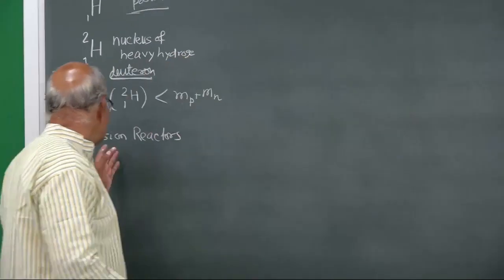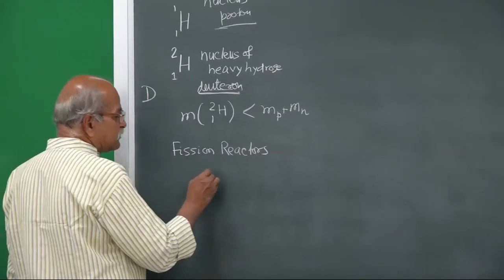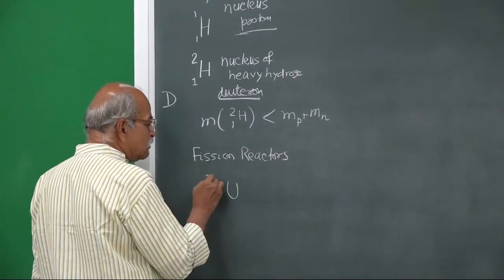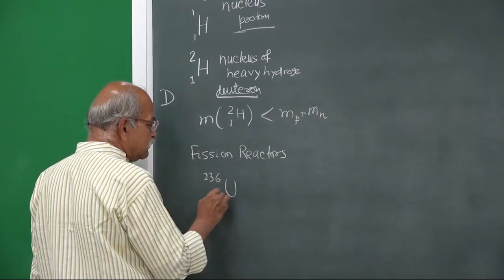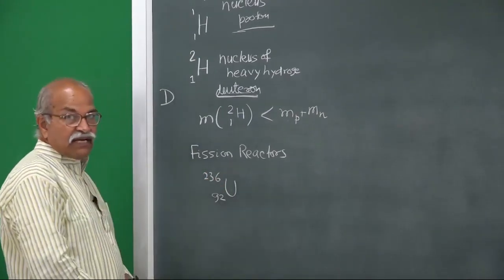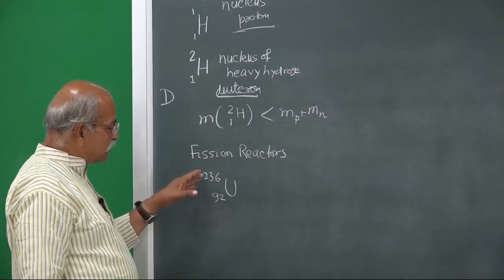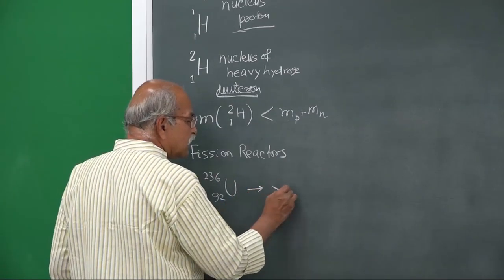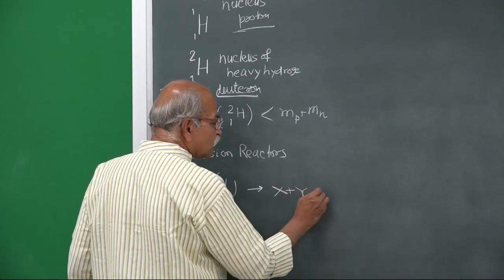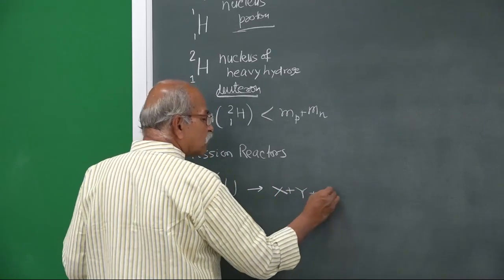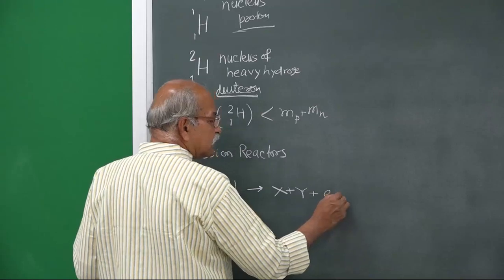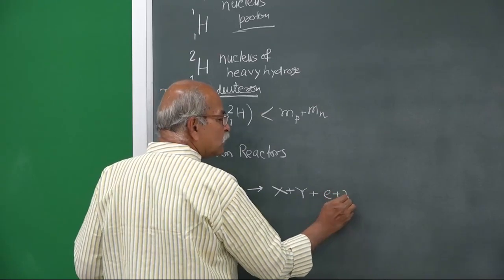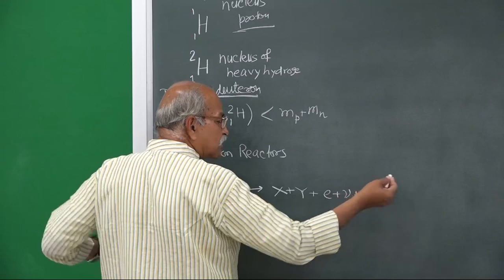In this, what we do, we have some uranium nucleus, uranium 235, and then we put a neutron in and we make uranium 236, and this breaks into other nuclei X plus Y, and then some electrons etc., and then some neutrinos, and then energy.